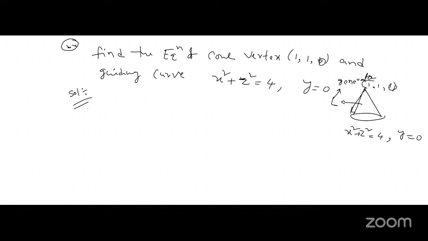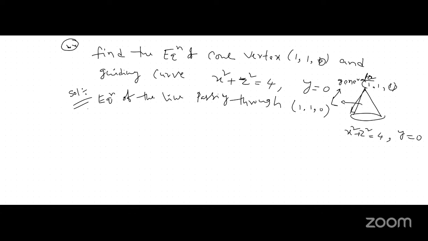So first find the equation of the line passing through 1 comma 1 comma 0.